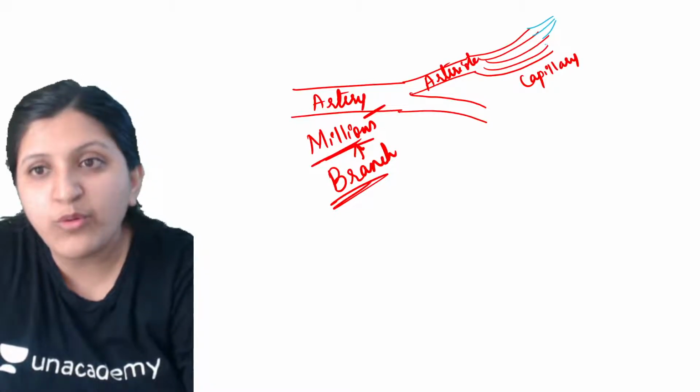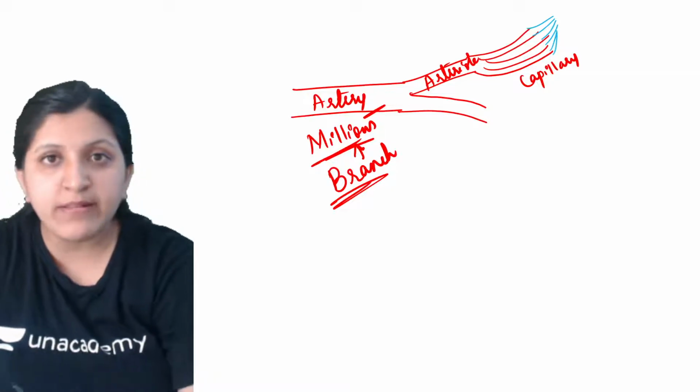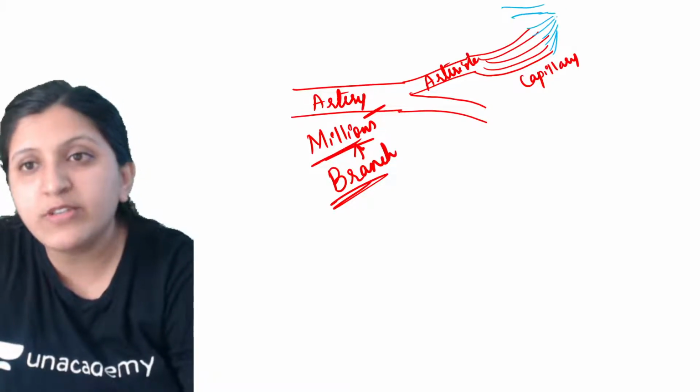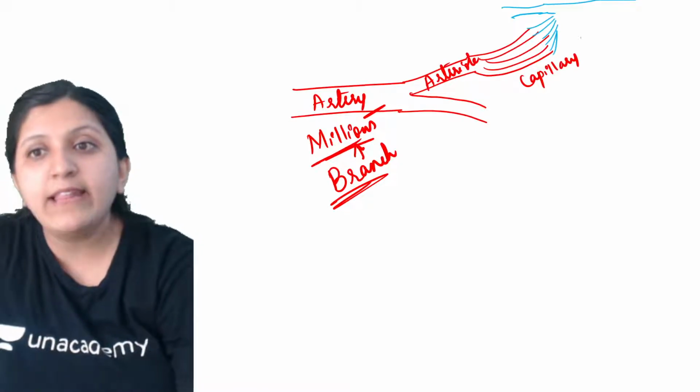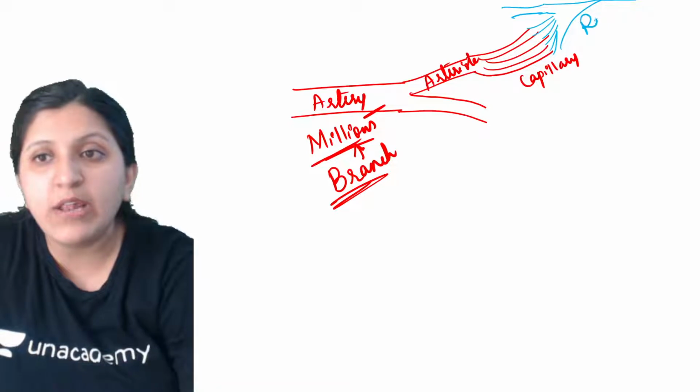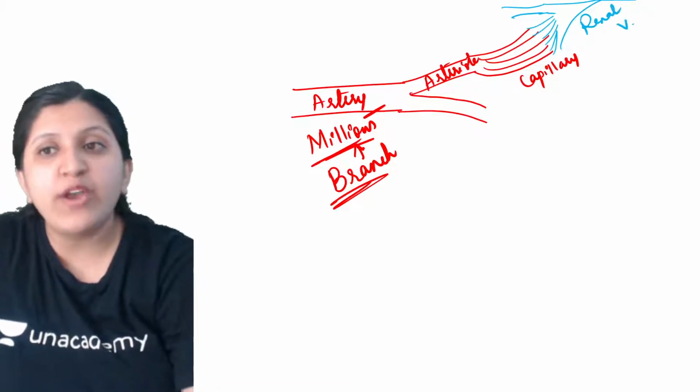Now the venules are there, and these venules will join together, and then vein formation occurs. This is now the renal vein which is going to the heart.